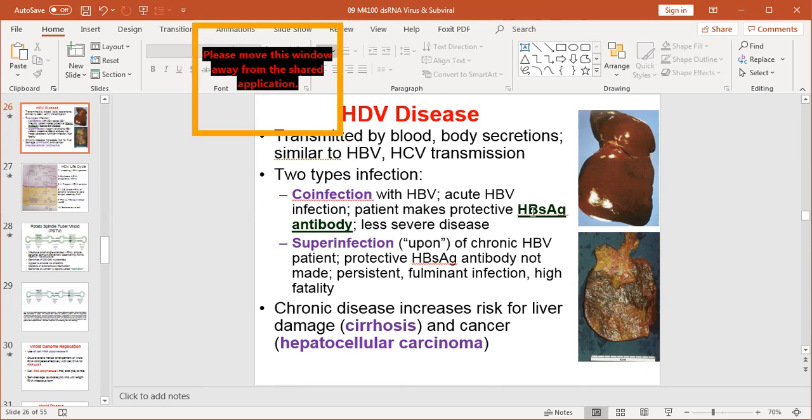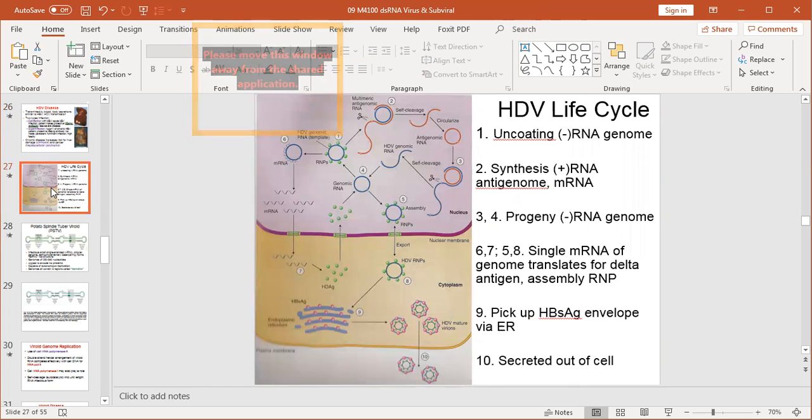So the infection is a risk factor for hepatocellular carcinoma and cirrhosis. Slide number 27, let's take a look at the HDV life cycle. As we mentioned, virus comes in, there would be an uncoating of negative single-stranded RNA genome from the capsid proteins.